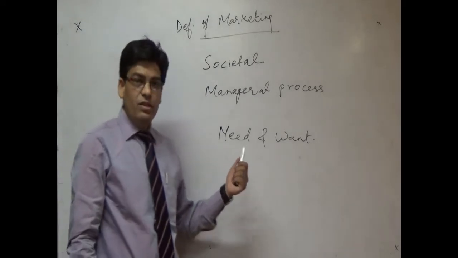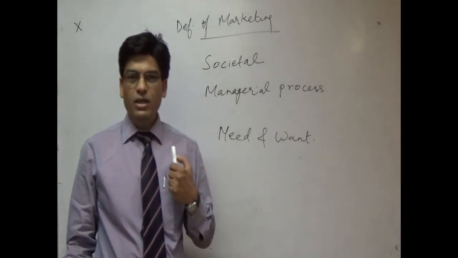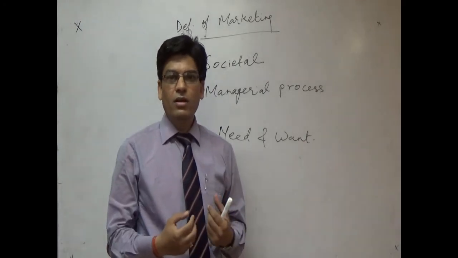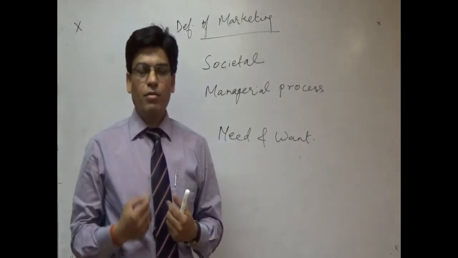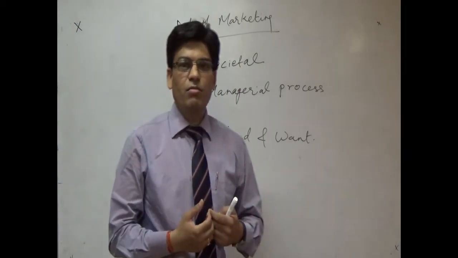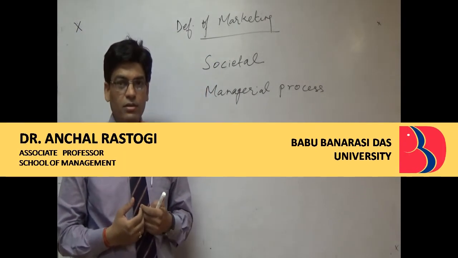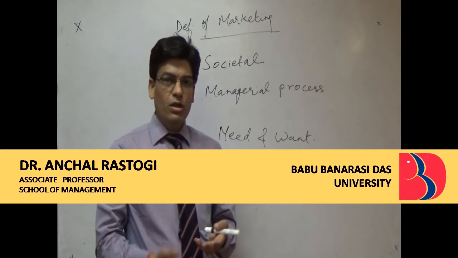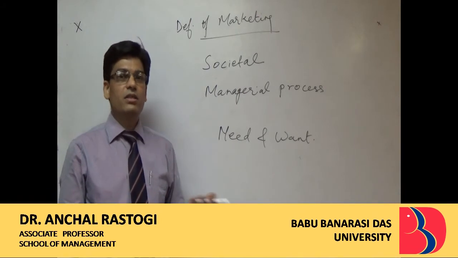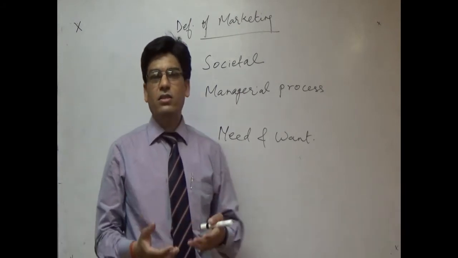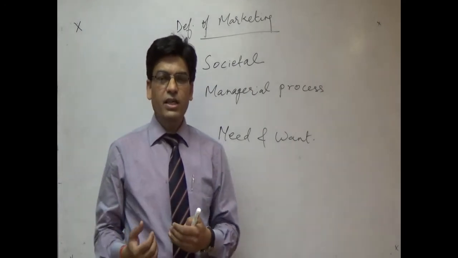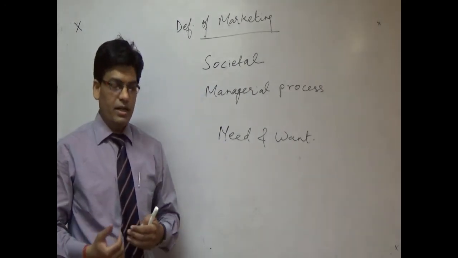An individual could be a person like me, purchasing a product for myself, or a group, if I am purchasing a product for my family use. So, the individual could be a person, a group could be a family, household, or even a business organization. If I am purchasing something for my business activity, then it will be a group activity.